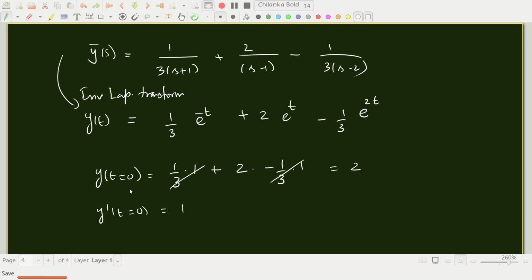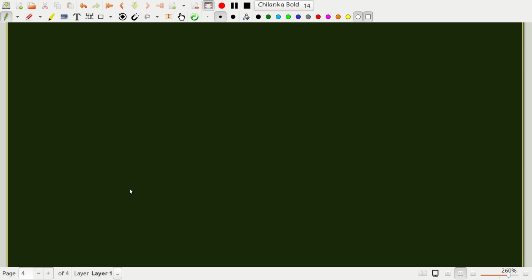Okay, now I'm going to again slightly change gears, and now I'm going to discuss how we can use the method of eigenfunction expansions as a way of solving differential equations.